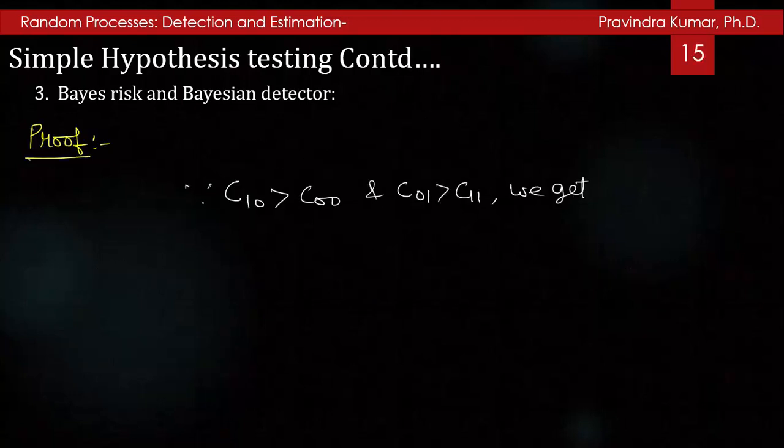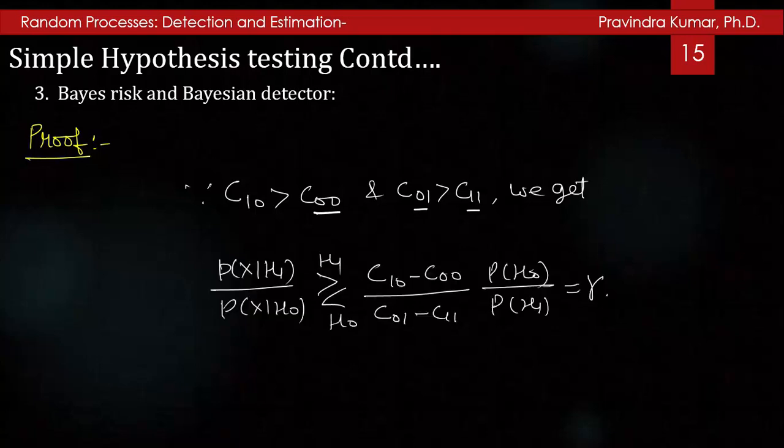Since C10 is greater than C00 and C01 is greater than C11, we get the conditional likelihood ratio greater than or less than (C10 minus C00) divided by (C01 minus C11) times probability of H0 divided by probability of H1, and this is the threshold value gamma. So it is the proof of this.